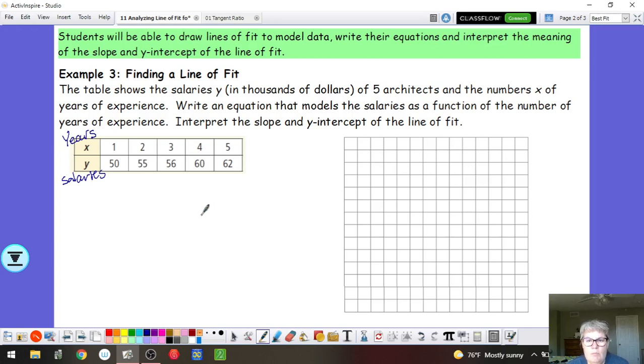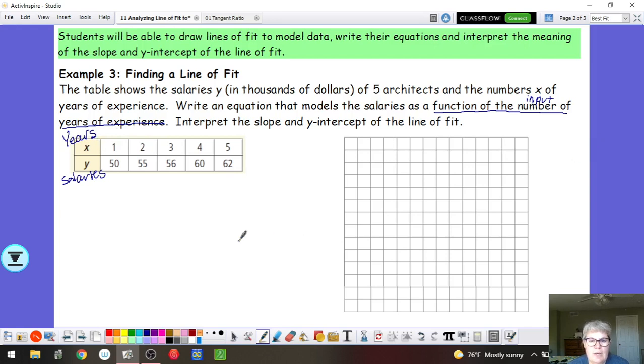Write an equation that models the salaries as a function of the number of years of experience. When you see the phrase function of the number of years of experience, that means that that's your input. That's your X, even though they already told us that X is years.